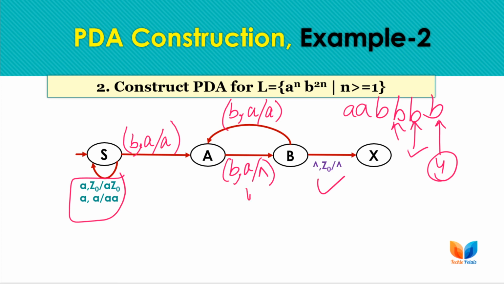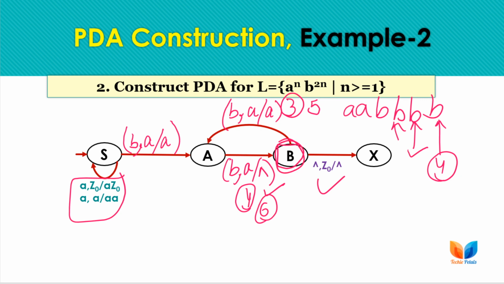Then for the fourth B, this is for the third B, this is for the fourth B, we will be performing the pop operation. Again this process will be repeated for the fifth B, and this will be repeated for the sixth B, means we are performing the pop for every even numbered B, and after reading an even number of B's, we will be at the B state only.